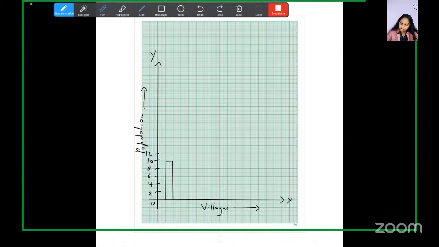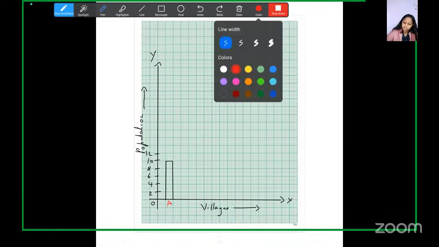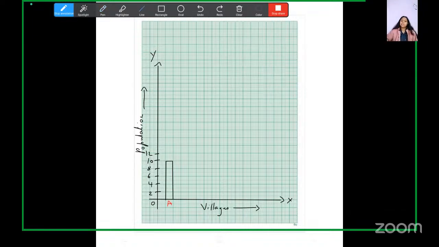Keep writing it down also, the name of the village A. Then we have the next one, village B. Village B is how much? 7 centimeter. So mark 7 centimeter in between 6 and 8. The block that is between 6 and 8, mark the half of it. That will be your 7 centimeter.